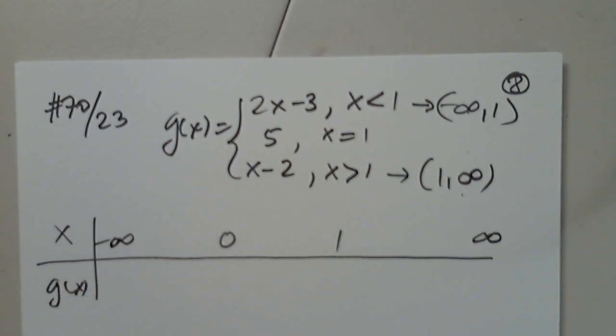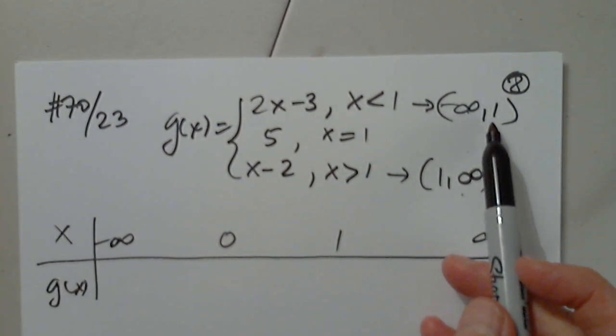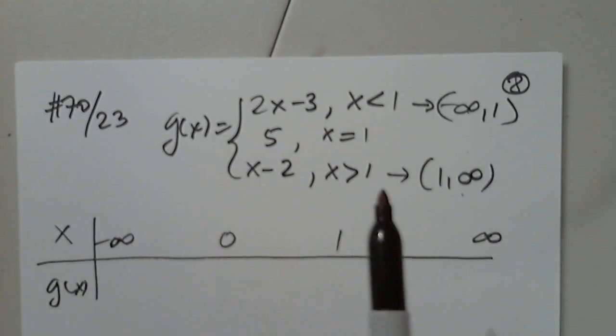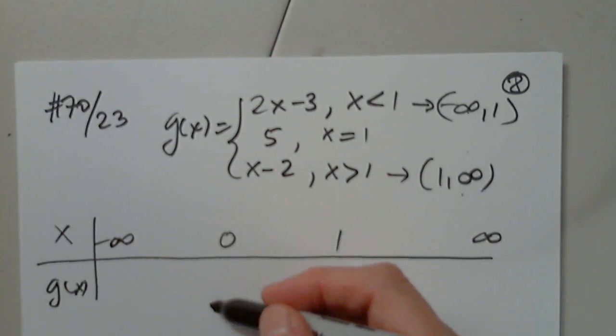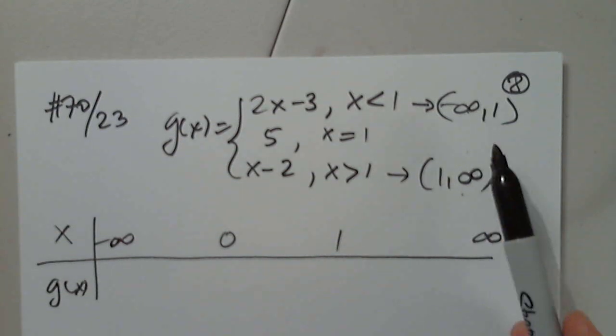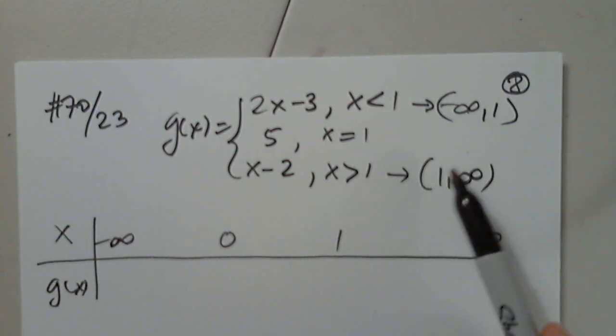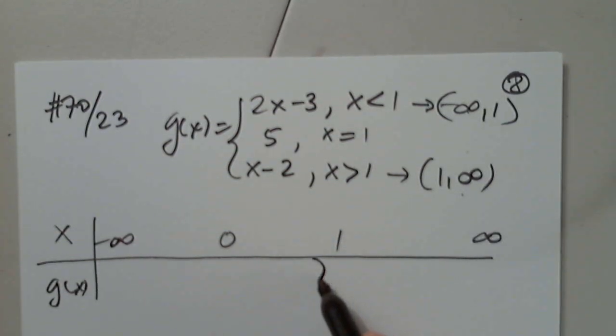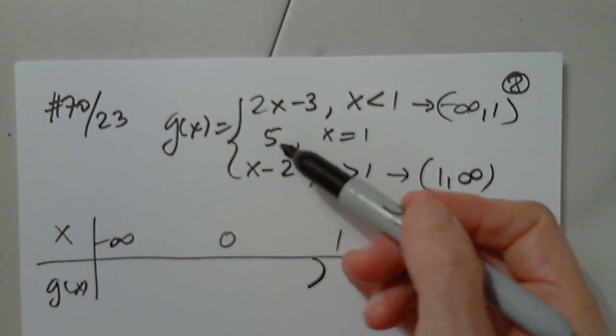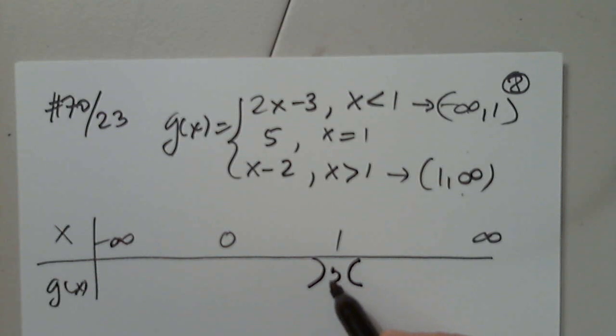Great job, thank you. So remember, 0 has to be in the table always. Even if the function is undefined, we write it's undefined, but it has to be there. So at 1, I see 2 parentheses and 5 right under 1.